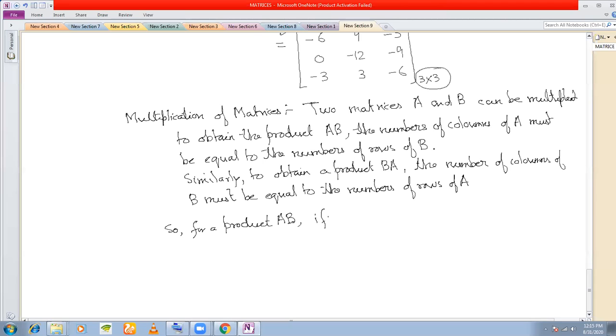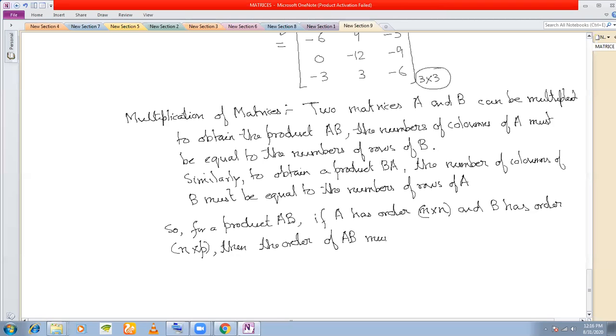remember this very important rule: if A has order m by n, and B has order n by p, then the order of AB must be m by p.